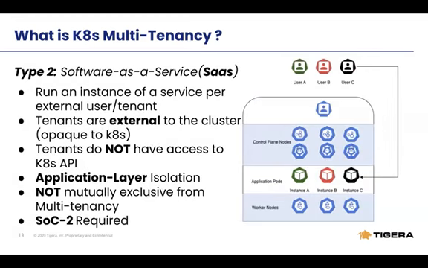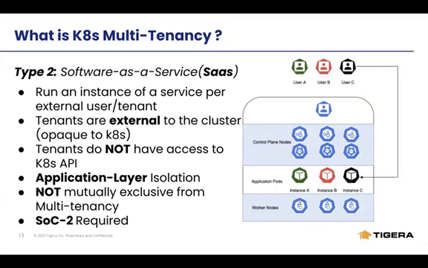Now, if we switch and talk more about delivering software as a service using Kubernetes, the contract is different. This is the second type of multi-tenancy, where you're running an instance of a service per external user or tenant. Especially if you're providing any type of SaaS service, you're using Kubernetes just as a mechanism to deploy the application.